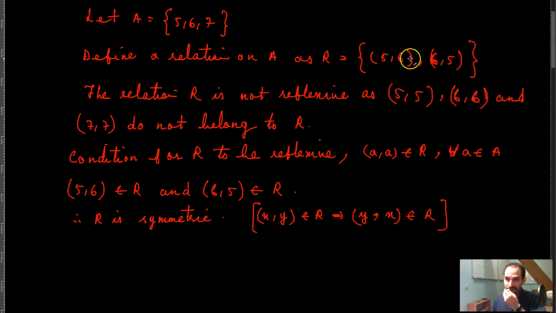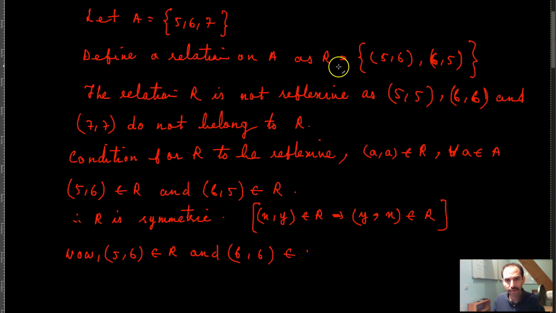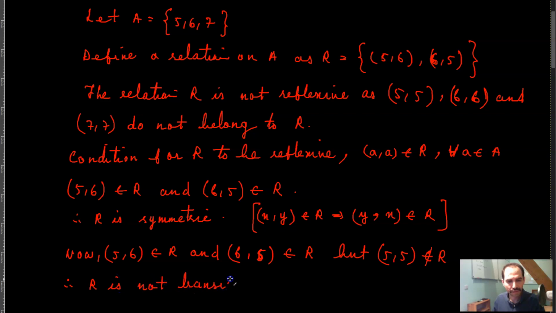Now over here you can see that (5, 6) belongs to R, and (6, 6) belongs to R. (5, 6), (6, 5): (6, 5) belongs to R, but (5, 5) does not belong to R. Therefore, R is not transitive.